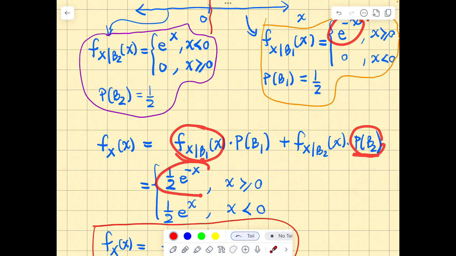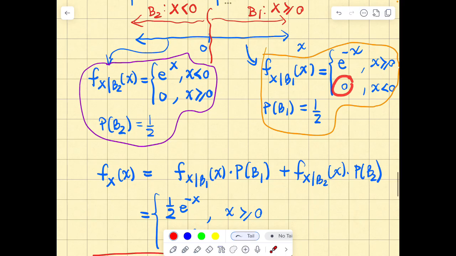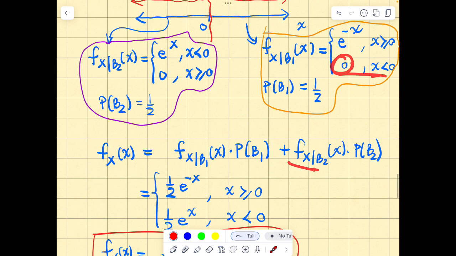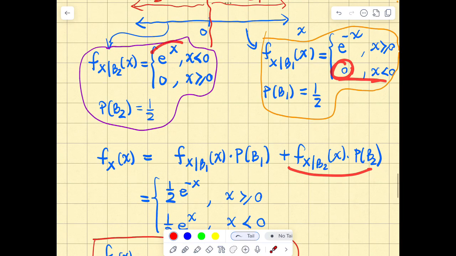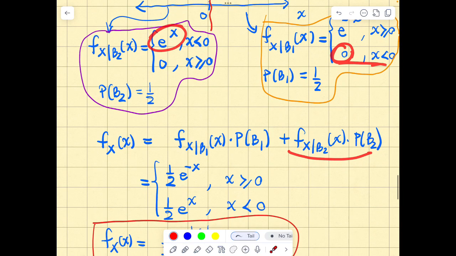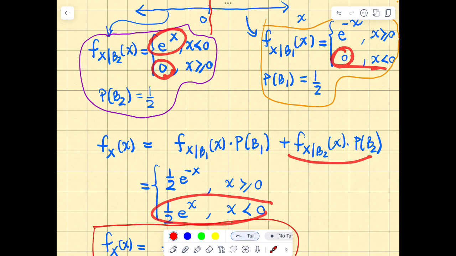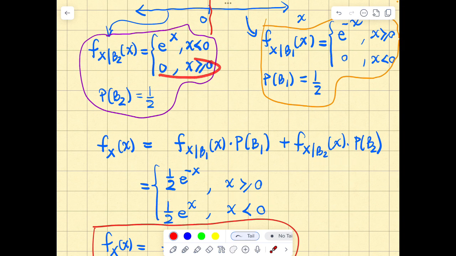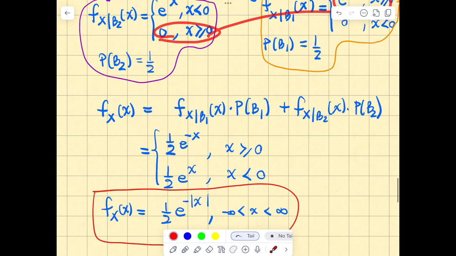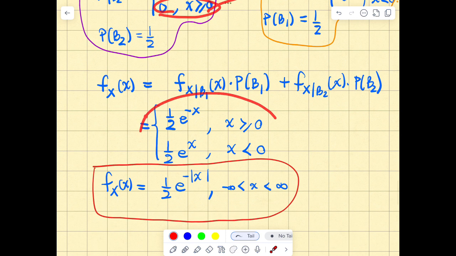So we get the first case, when x is bigger than 0. And for the other case, 0 multiplied by 1/2 is going to be 0. Okay, so the second case is this multiplied with 1/2, when x is less than 0. For the other part, 0 multiplied by 1/2 is going to be 0. So you add this, which is 0, with this, it doesn't change the answer, right? So at the end, we get this. This is the full PDF.